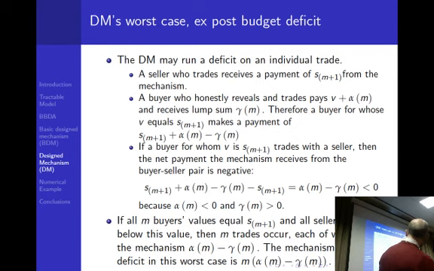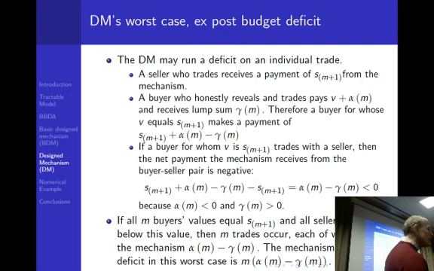He's trading with a seller, so then the net payment the mechanism receives from the buyer-seller pair is negative, because this is what the buyer receives, and this is what the buyer pays in, and then minus S_{m+1}.